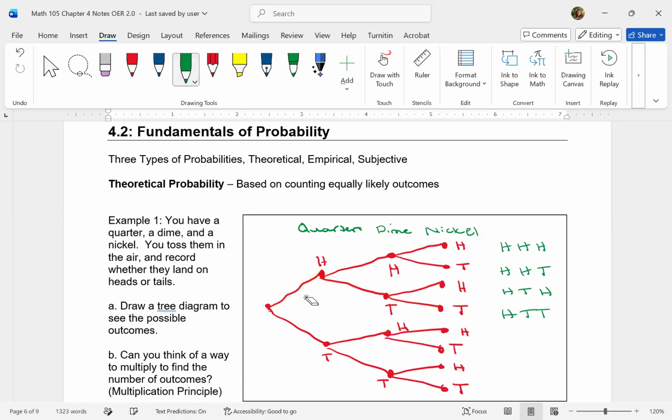Now we'd be switching to tails for quarters, so all of these outcomes are going to start with tails. Then we do heads for dimes, heads for nickels: tails, heads, heads.